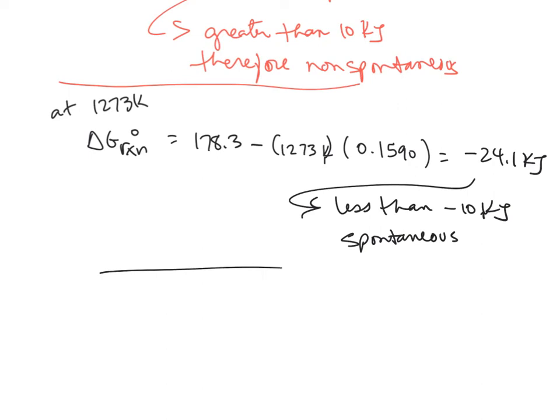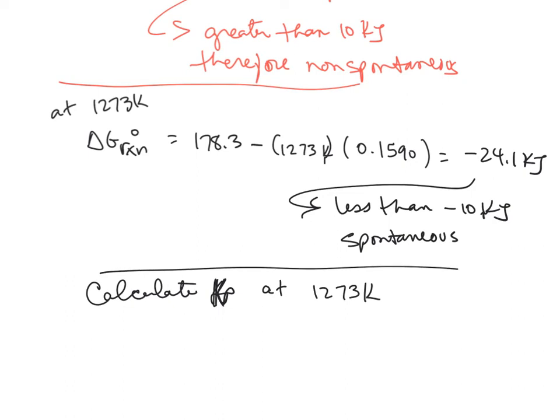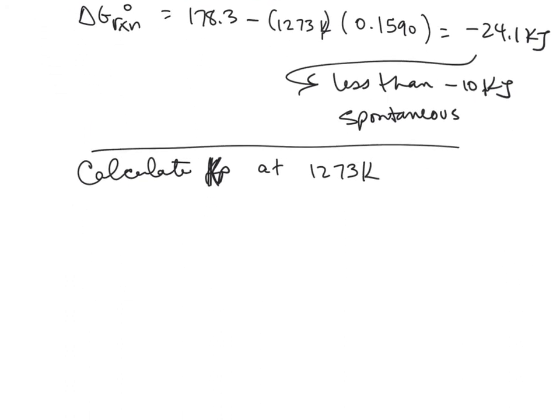So we can calculate Kp at 1,000 degrees C or 1273 Kelvin. Again, it's not technically 100% correct, but we're going to do it anyway.